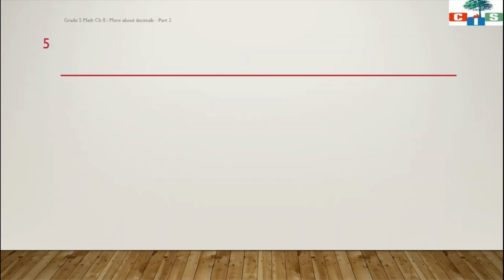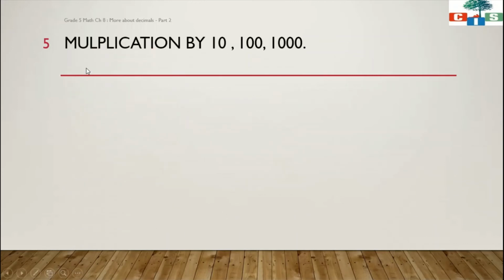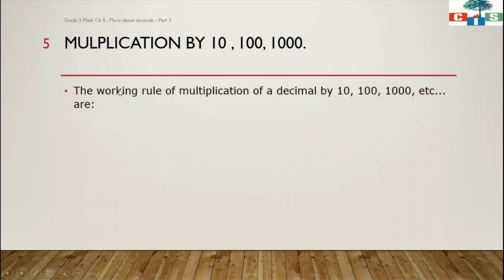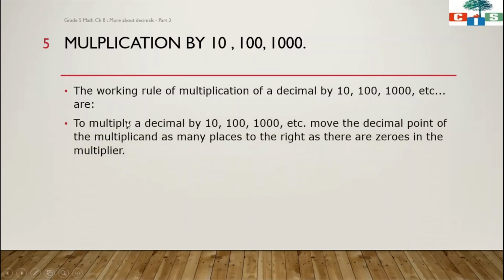Now, scholars, we will quickly revise all the rules of multiplication by 10, 100 and 1000. The key rule of multiplication of a decimal by 10, 100, 1000, etc. is: you have to move the decimal point of the multiplicand to the right by as many places as there are zeros in the multiplier.